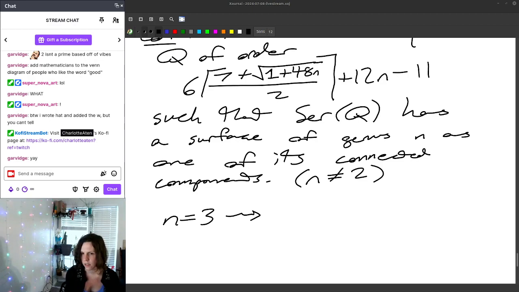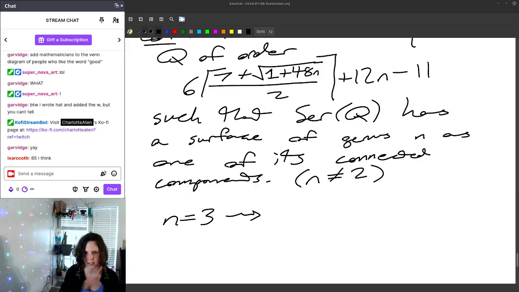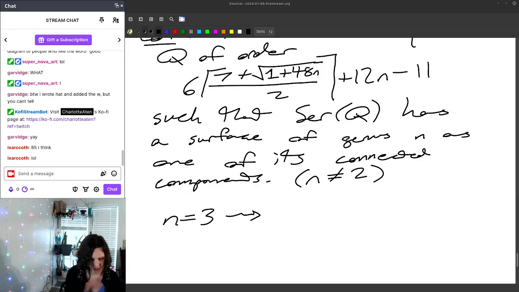Let's see, 7 plus the square root of 1 plus 48 times the genus, and all that's over 2. Oh, I said floor, but it's ceiling. Oh, okay, you already got 85.